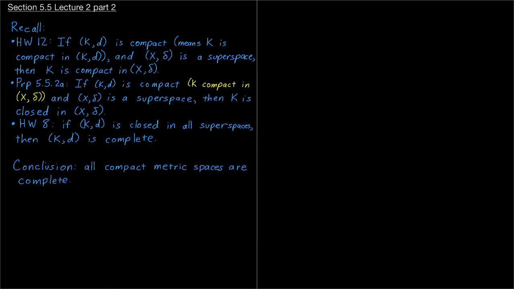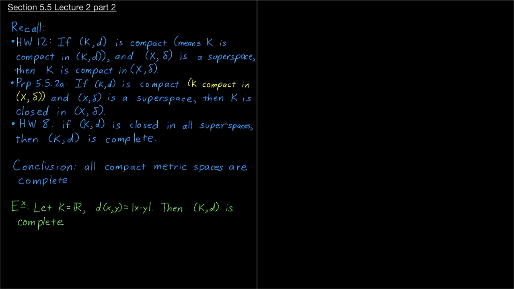And this is not an if and only if statement. Let K be the real numbers and d be our usual absolute value metric. Then this is a complete metric space. We went to an awful lot of trouble last semester to prove that the real numbers are complete.